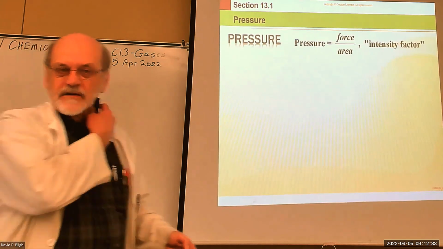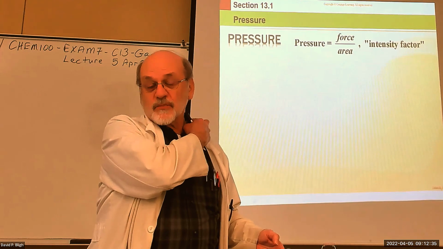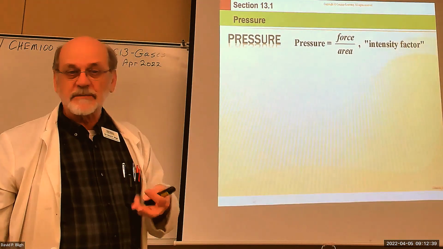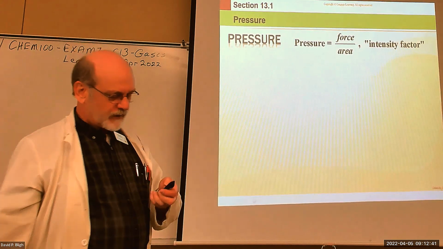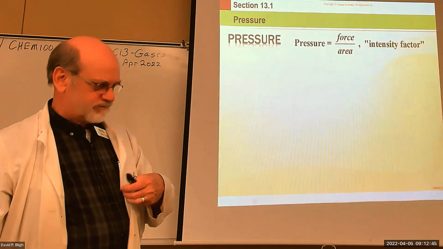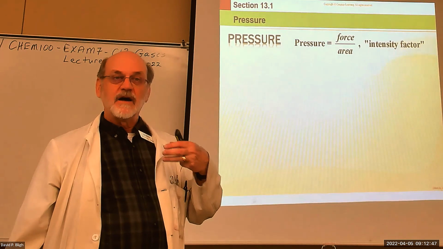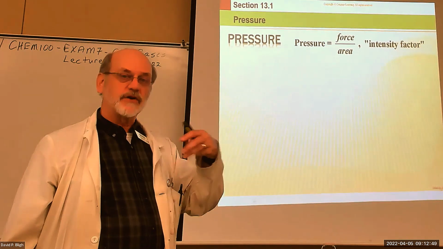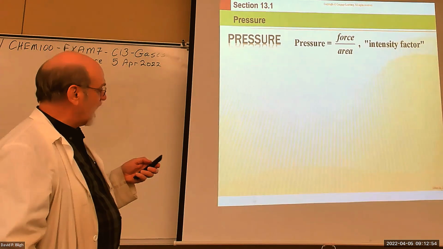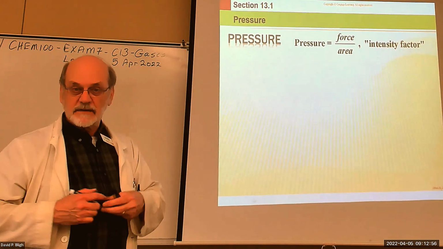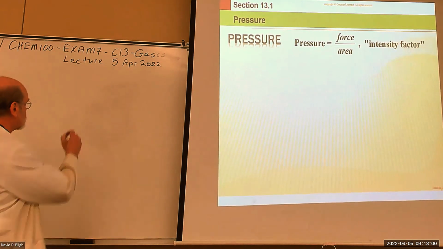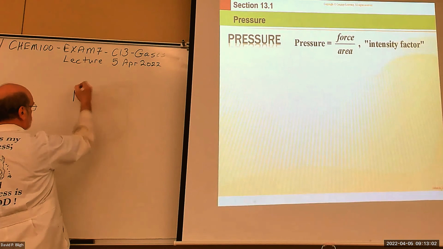Okay, so I used the term pressure, but I didn't define what it meant. We sort of assume that pressure is some type of force. And that's true, but it's a special condition of force per unit area. So the force that's applied, in SI units, force is in newtons.